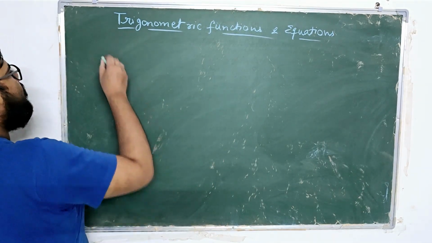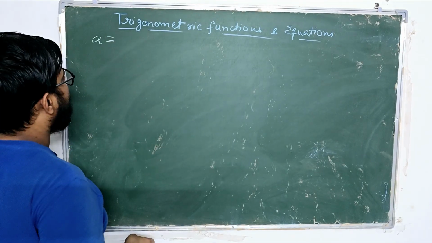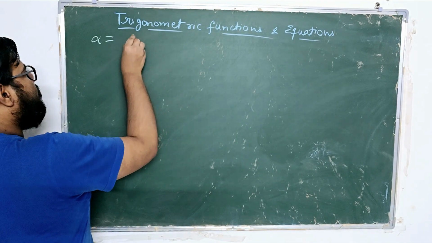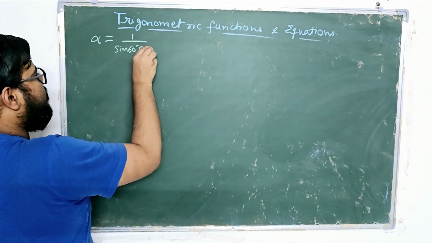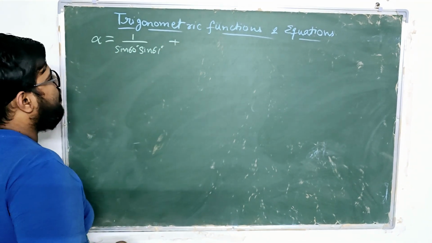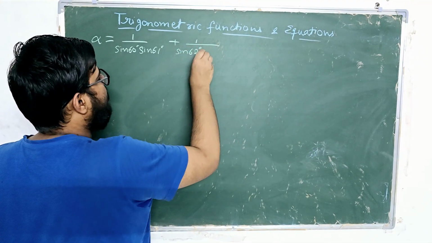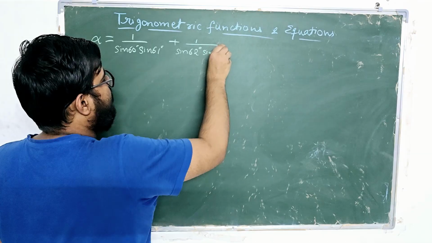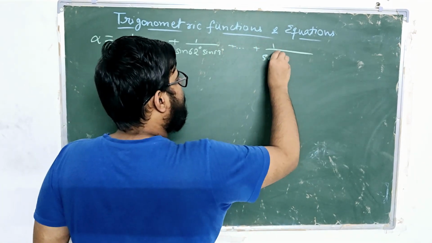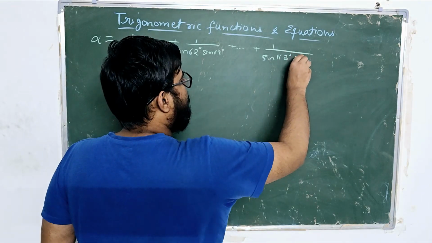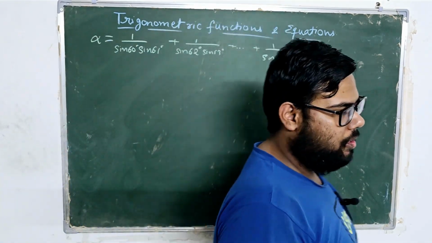Okay, so the question was alpha is equal to 1 upon sine 60 degree into sine 61 degree plus 1 upon sine 62 degree sine 63 degree and so on and so forth till 1 upon sine of 118 degree times sine of 119 degree. Okay, so this is the expression which we have got.